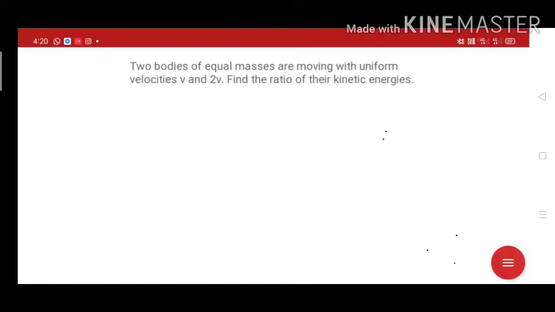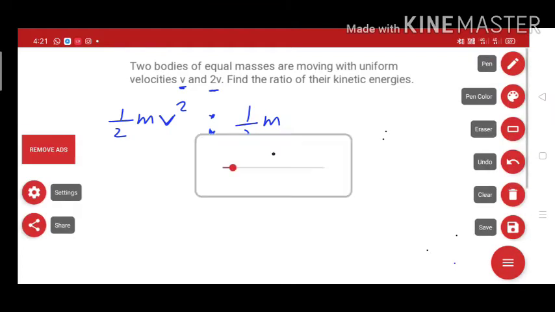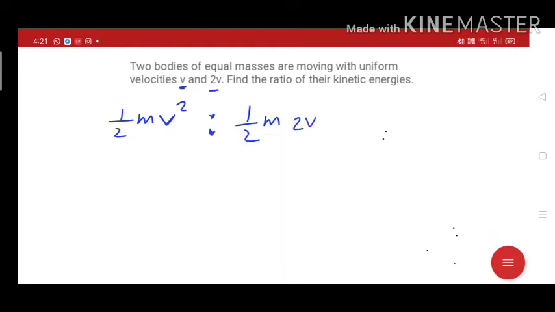Two bodies of equal mass are moving with uniform velocity v and 2v. Two different velocities. Okay, fine. Find the ratio of their kinetic energy. So half m, the mass is equal for the two bodies. The first body has the velocity v, so half m v square is to, we need to find the ratio, half m, the mass is same, and here the velocity is 2v, so we will write half m (2v) square.